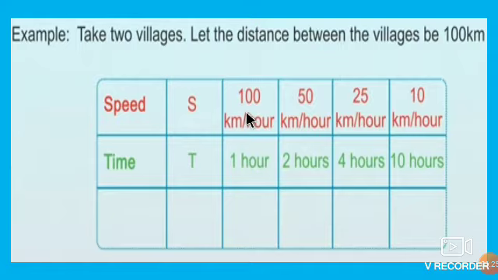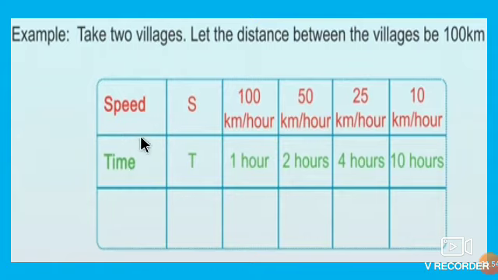One quantity, the speed, decreases, and at the same time the other quantity increases. This means there is an inverse proportion between the speed and the time.